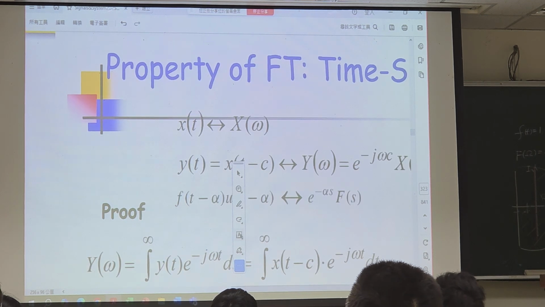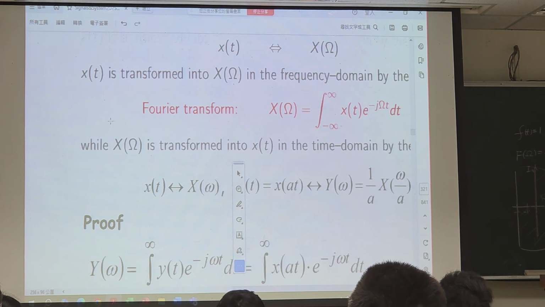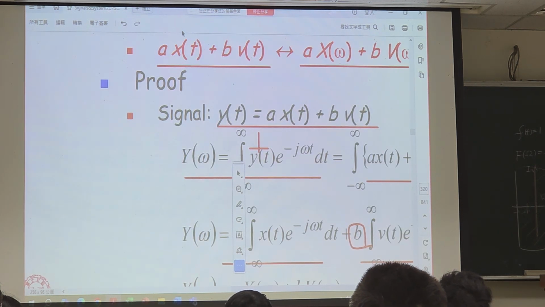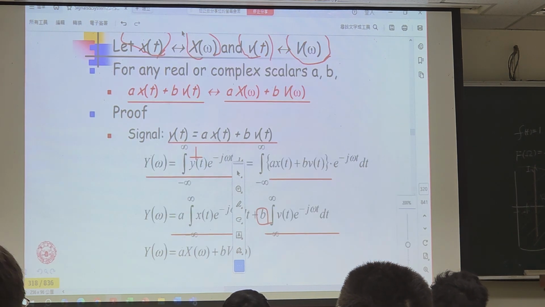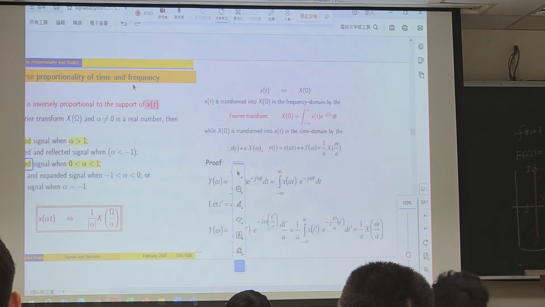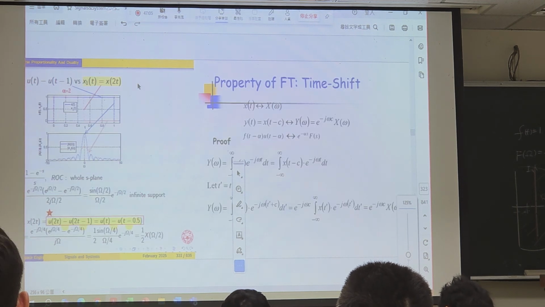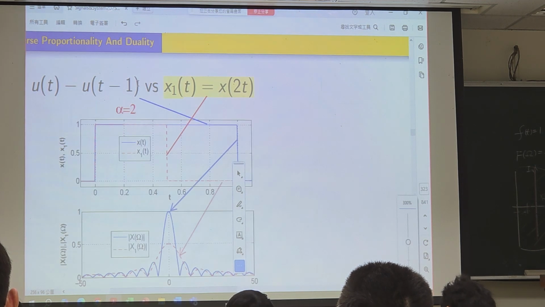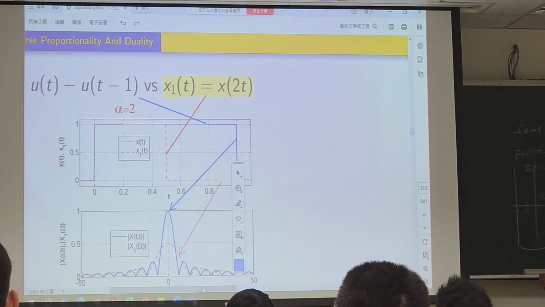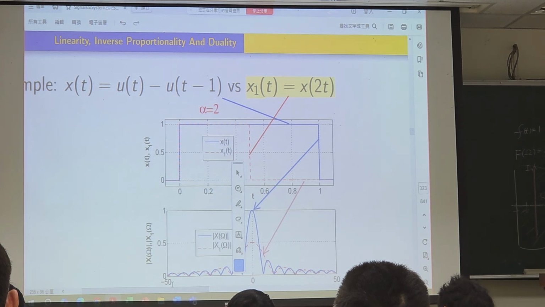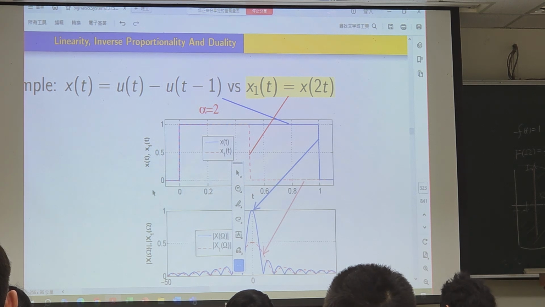Alternatively, if we compress the function, look at this figure here.